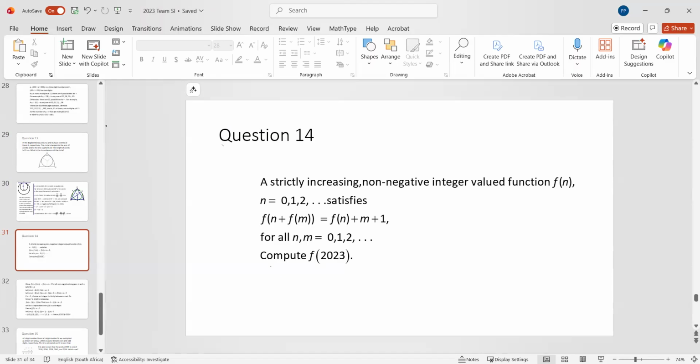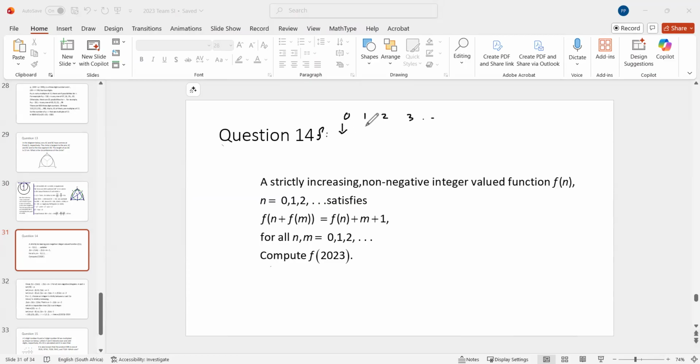Functional equations. I think they call them functional equations because equations are defined in terms of functions. So you've got an integer valued function, which means that for each n from 0 onwards, for 0 and 1 and 2 and 3 and so on, you've got a function f.